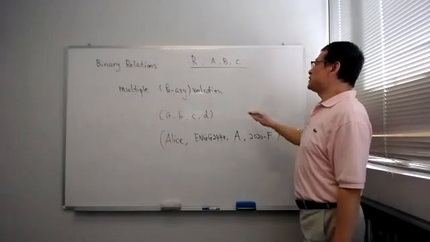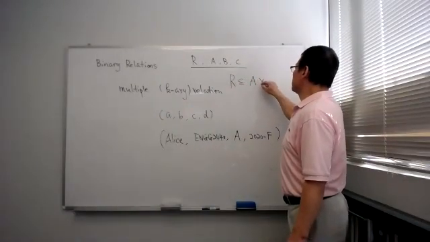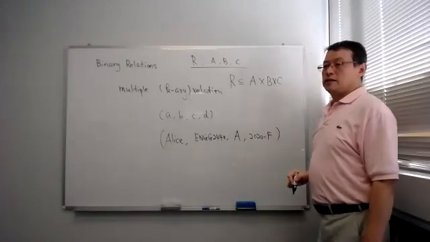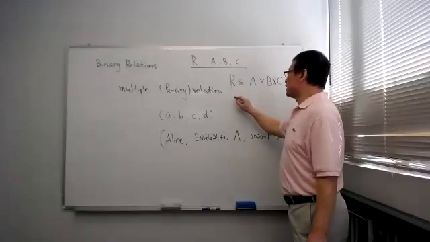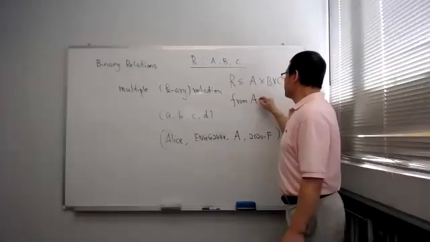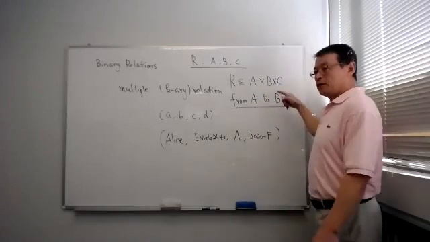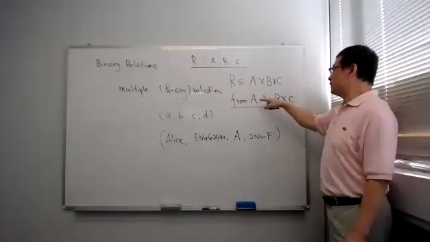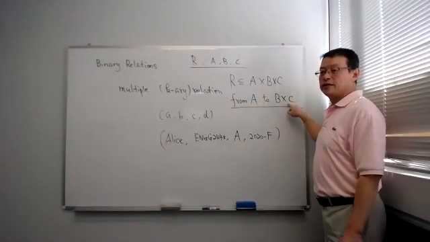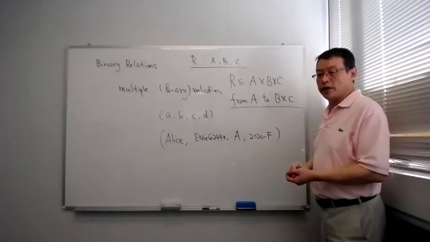That's just a subset of the Cartesian product of these 3. So in binary terms, it's actually a relation from A to B times C. You see the recursive way to define it. So we can generalize binary relations to multiple relations, to k-ary relations.